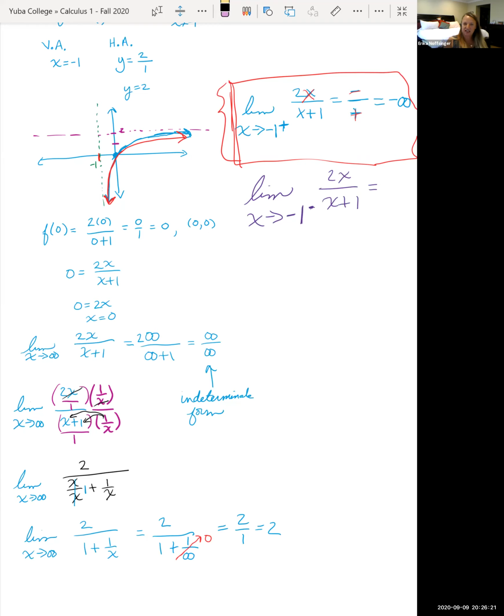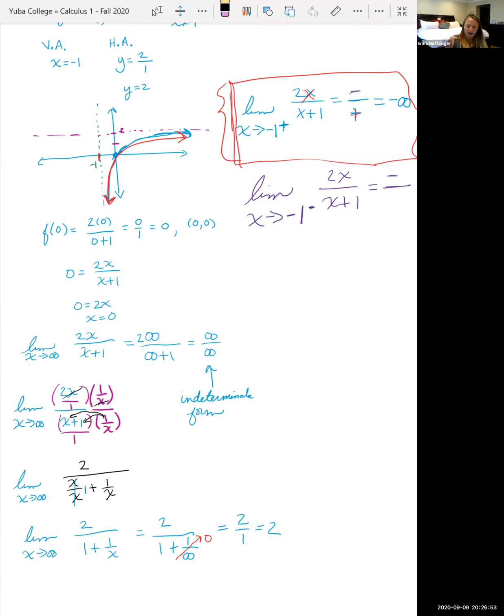And so again, let's think about whether we're going to get a positive or a negative number in the denominator and the numerator. If I'm plugging in a negative number coming in on the left-hand side, like -0.1, -0.01, -0.001, and I multiply it by 2 in this numerator, that's always going to be negative. But when I plug a number into this denominator, it's smaller than -1.